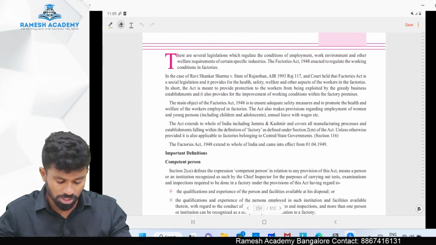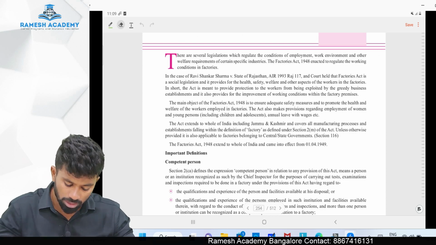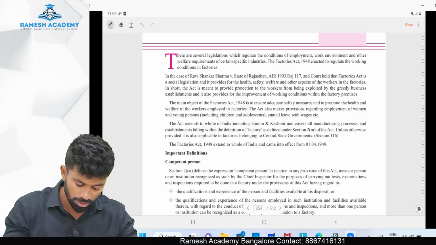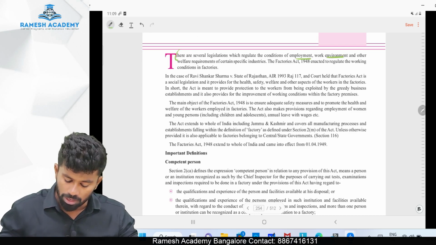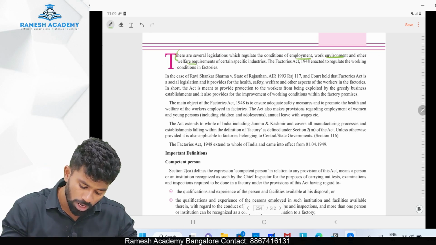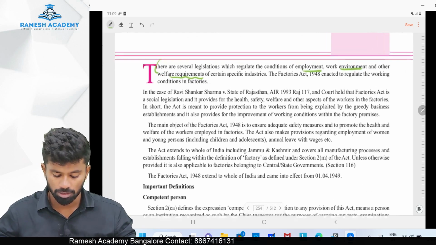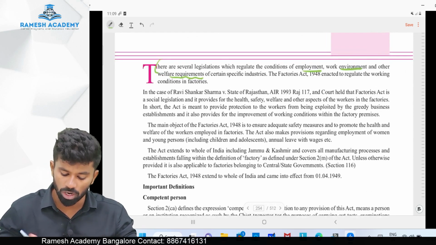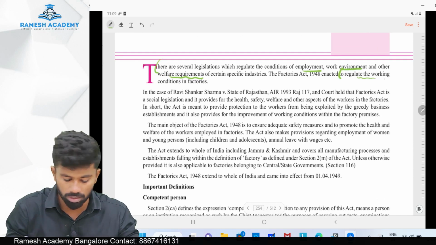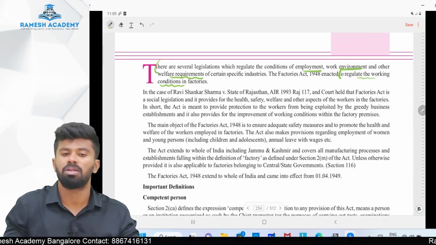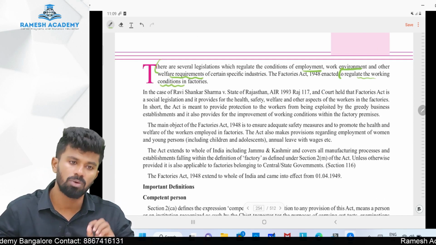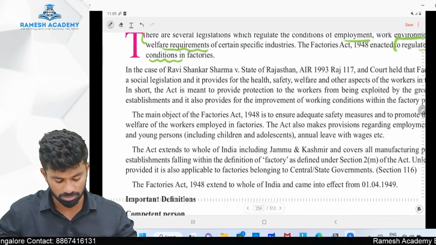There are several legislations which regulate the conditions of employment, work environment and other welfare requirements of certain specific industries. The Factories Act 1948 was enacted to regulate the working conditions. Important, this law has been enacted to regulate the working conditions in the factories.